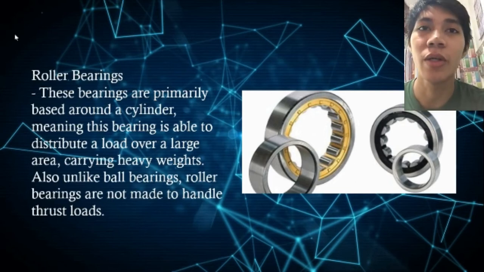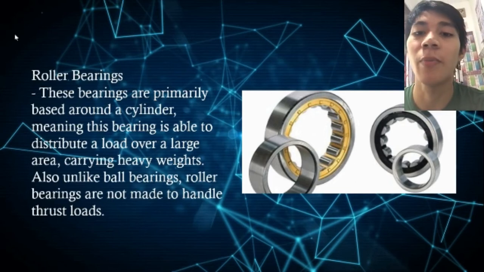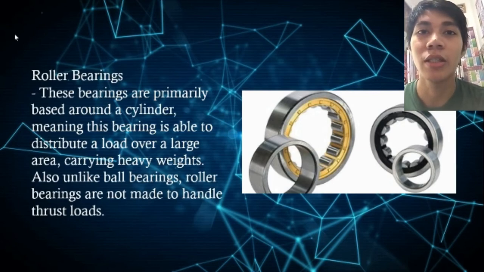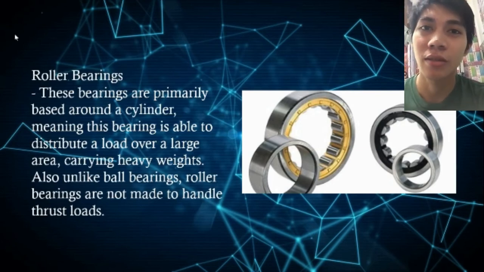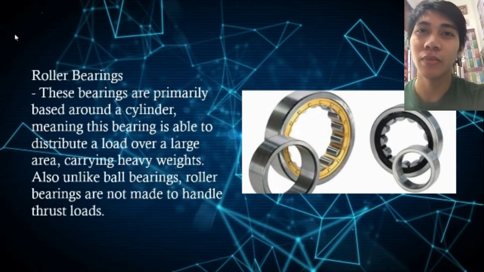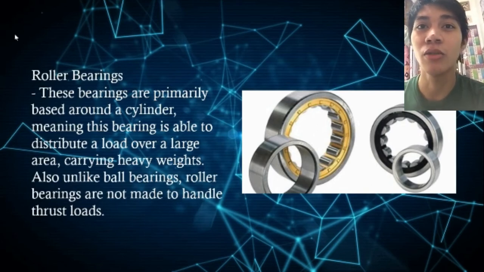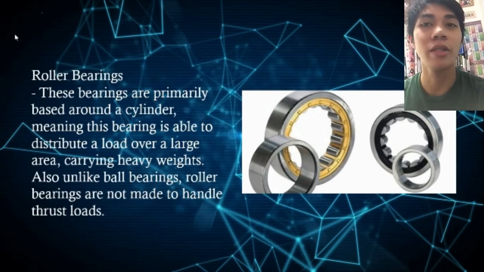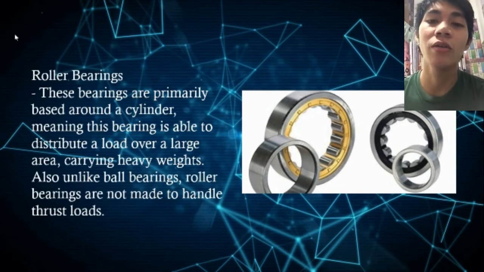The difference between ball bearings and roller bearings is their appearance itself. As you can see in the picture, there is a different appearance in the ball bearings and roller bearings. But aside from their appearances, ball bearings are only used for small wheels and hard drives, while roller bearings are used with heavy loads in mind.